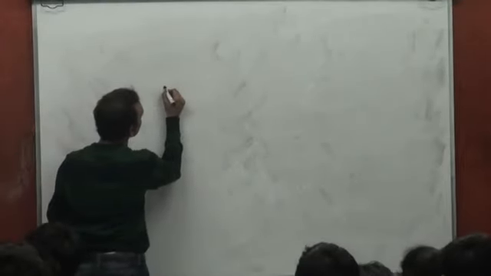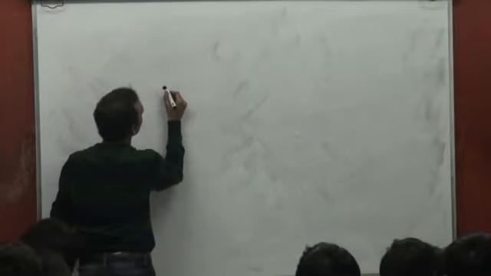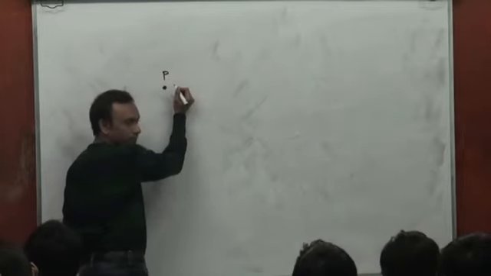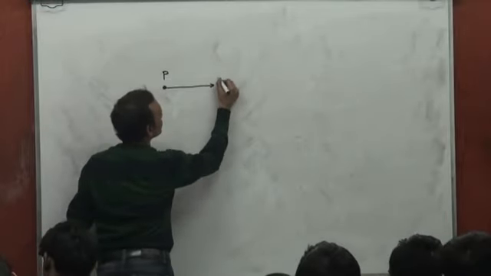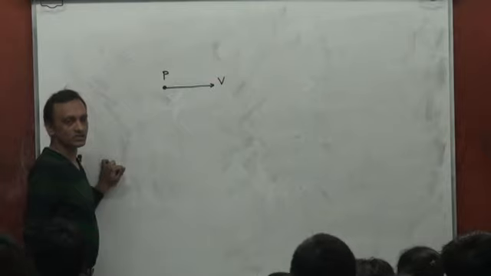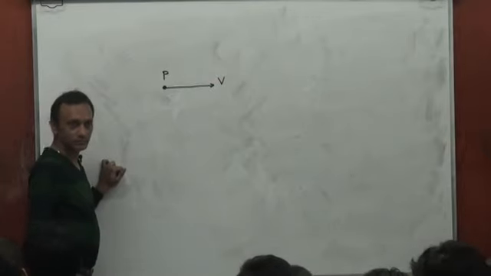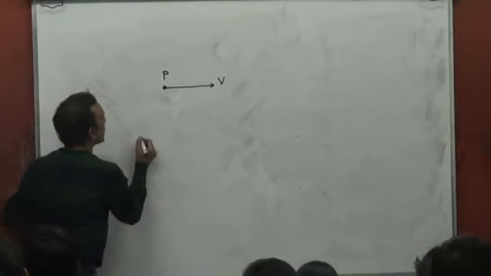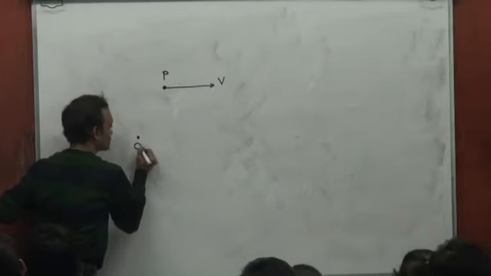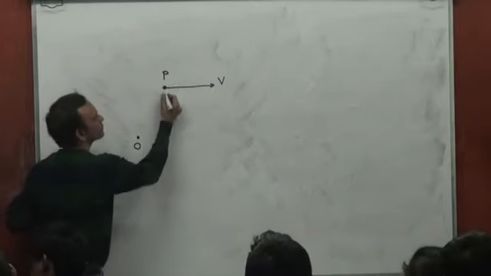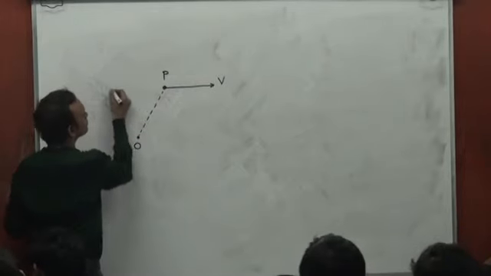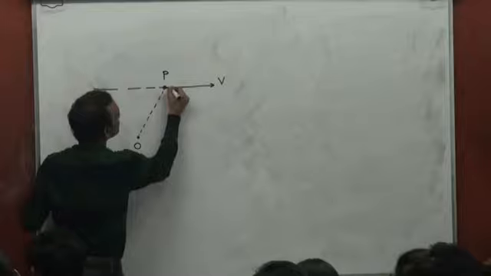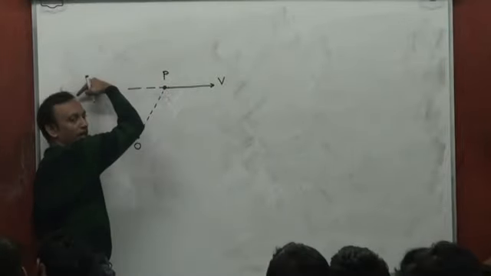One is, if there is a particle P, whose magnitude of velocity is V, and there is a point O. This is the line of action of the velocity.